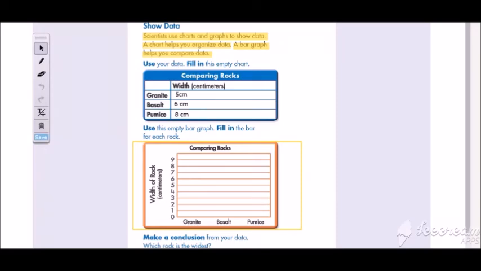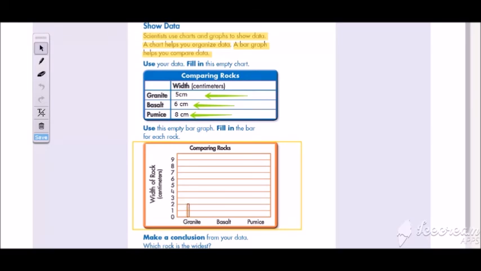And now it's time to show our data in this chart. Number one, the granite rock was 5 centimeters, the basalt rock was 6 centimeters, and the pumice rock was 8 centimeters wide. Very well, we show our data. Can we compare them? Yes, by using a bar graph. How wide is the granite rock?